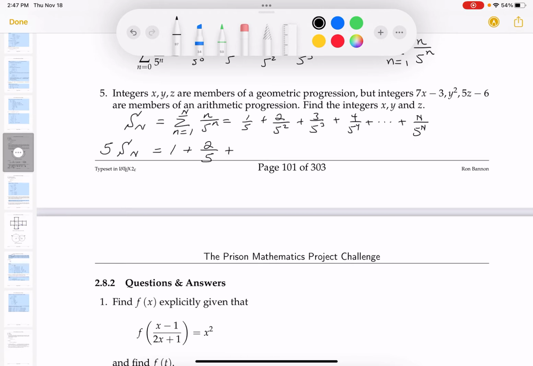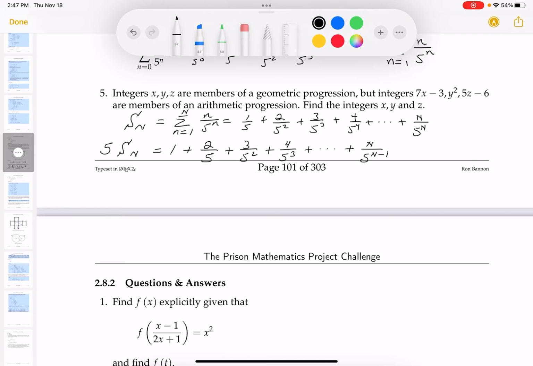And 5 times the third term would be 3 over 5 squared. And so forth and so on. 5 times the next term would be 4 over 5 cubed. All right, yada, yada, yada. It gets to the end eventually. And what's that going to be? N, that's big N, over 5 to the N minus 1.